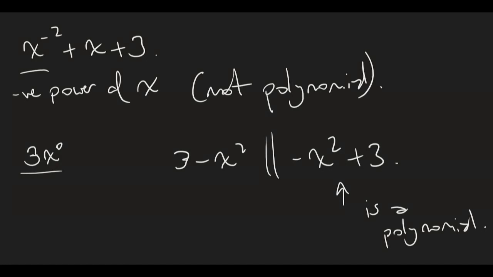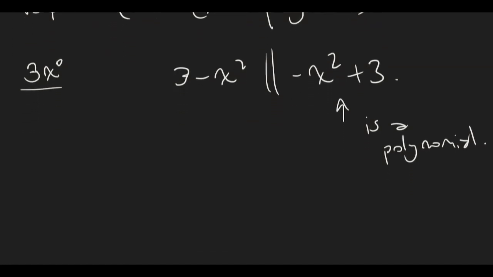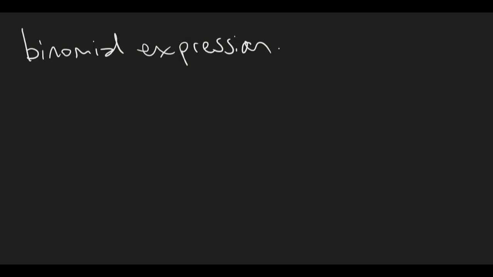Some other ways to classify polynomials are whether they're, say, binomials or trinomials or whatever. So a binomial expression contains two terms.